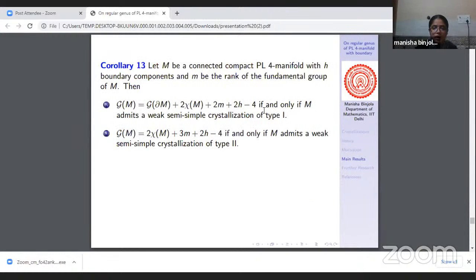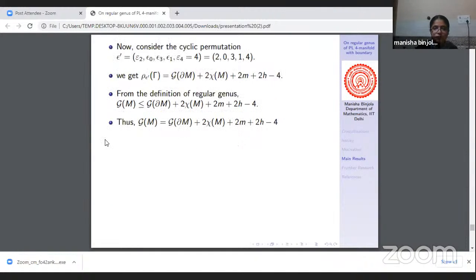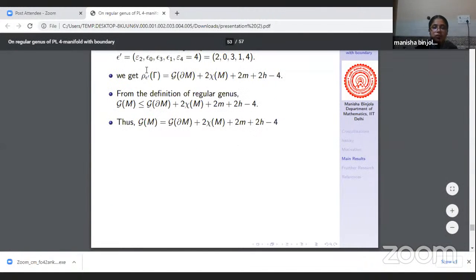Okay. Now we take another cyclic permutation of the color set. Here, this 2 0 3 1 4. Just for the notation to be clear, we can write it in this form, 20314.